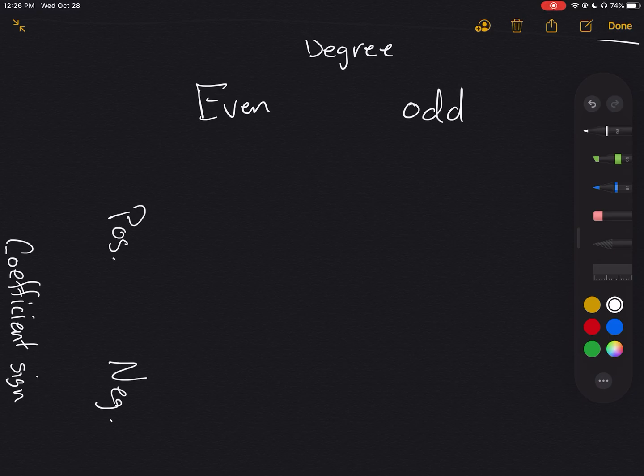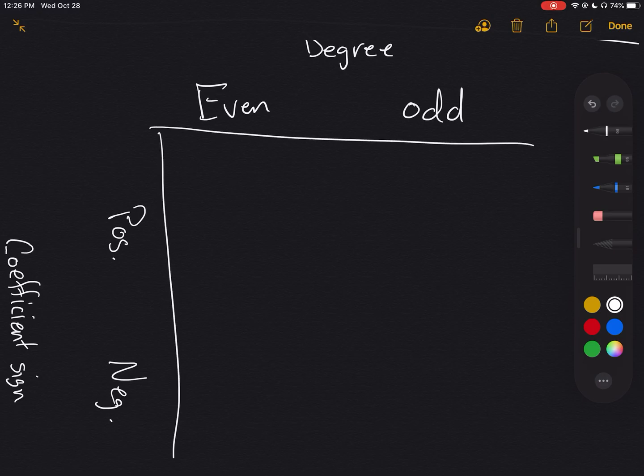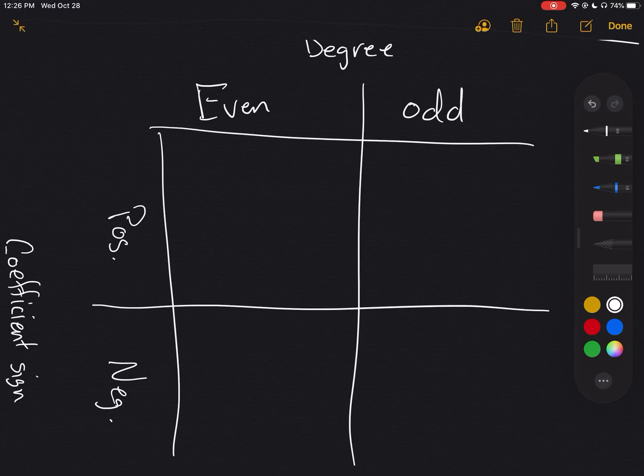Right, so if we have an even positive graph, then it opens facing up, right? So same direction.